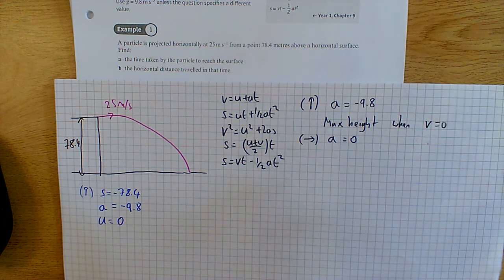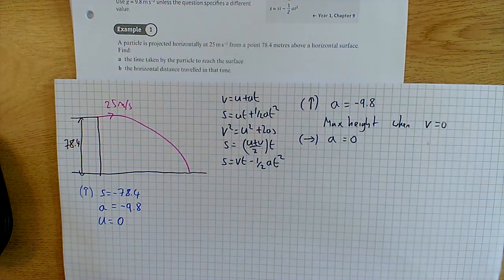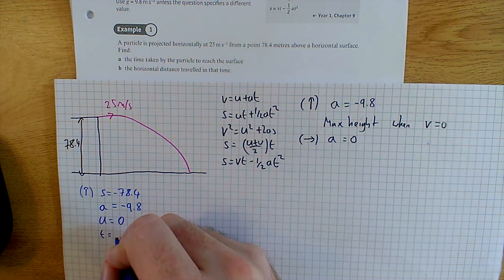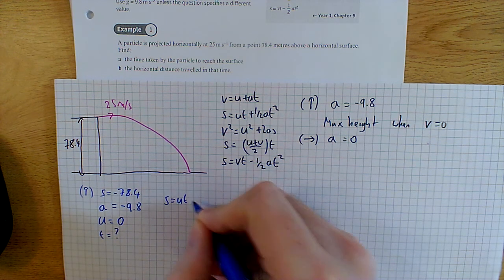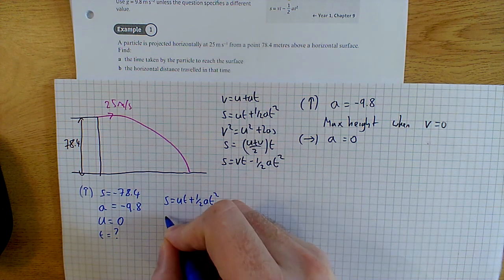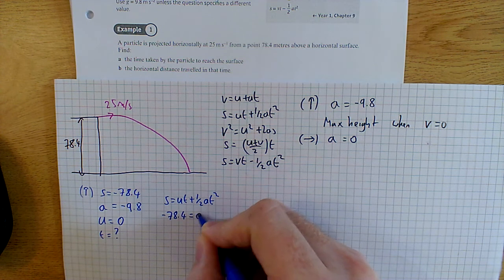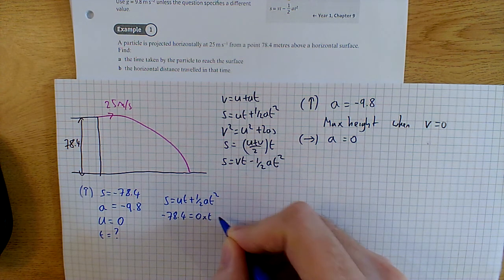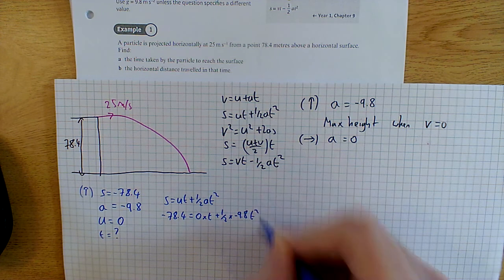I want to find time, so I select the formula S equals UT plus a half AT squared. This is minus 78.4 equals 0 times T plus 1 half times minus 9.8 T squared.